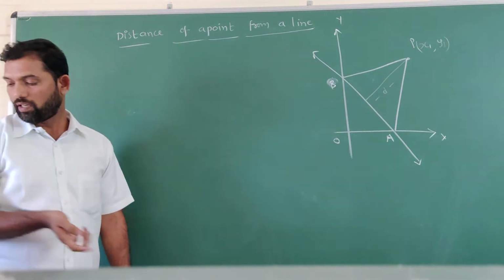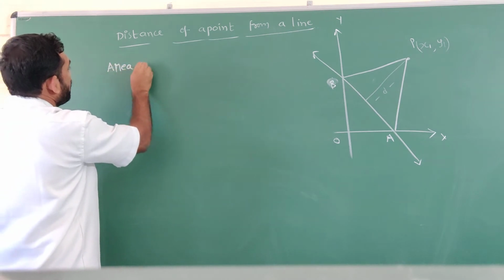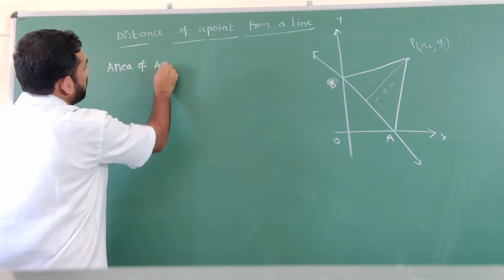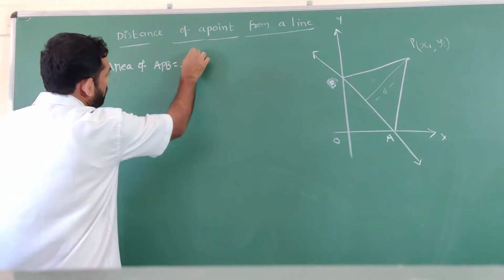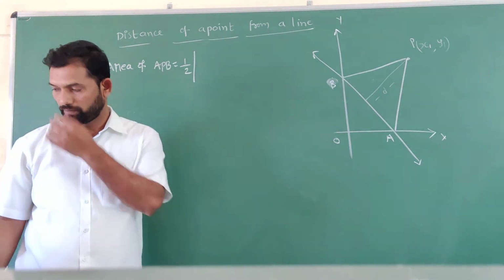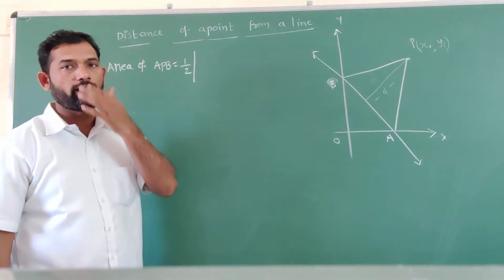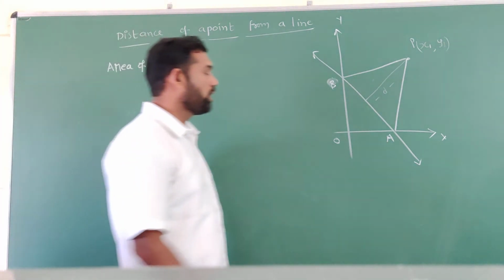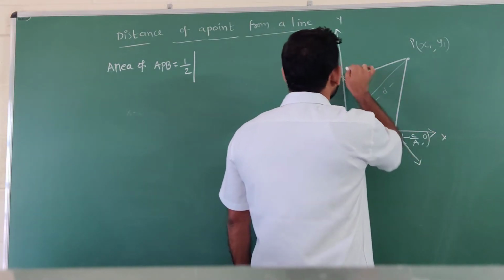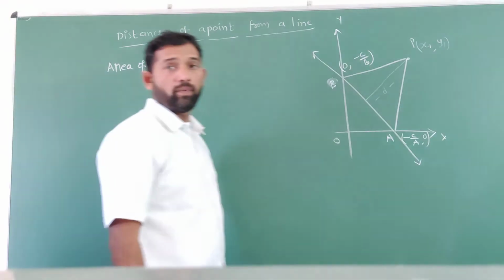Now the area of APB is equal to half into modulus of the area formula. This point is minus C by A comma 0, and this is 0 comma minus C by B. Now simplify that area.